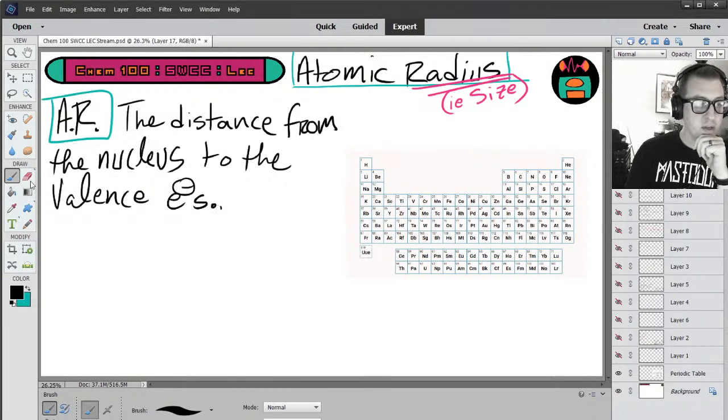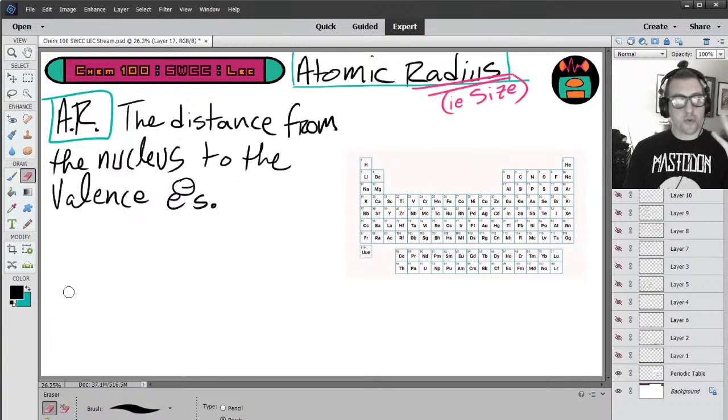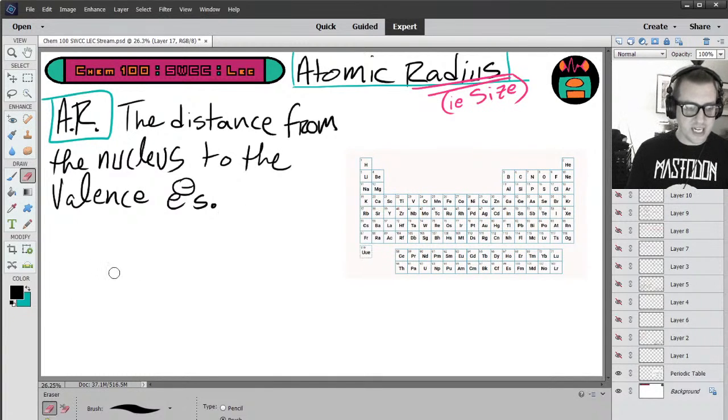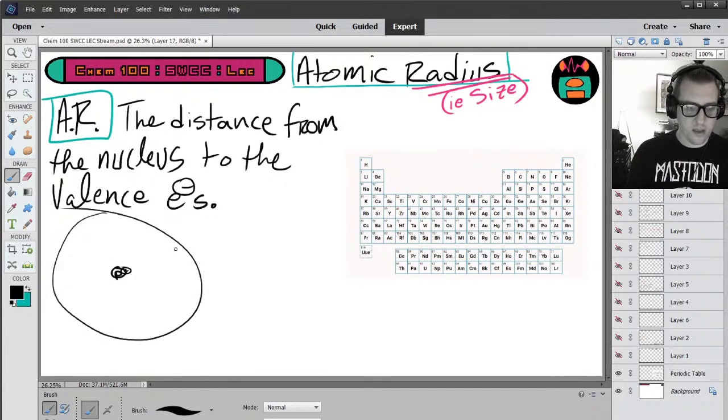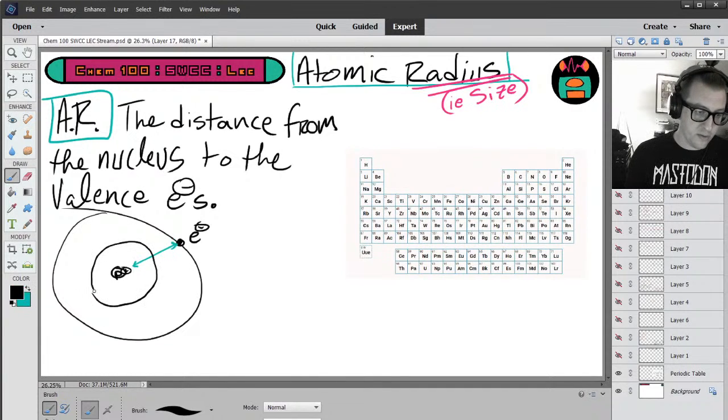There we go. So the way to envision it is you have your proton, you have your electron in orbit, and the atomic radius is that distance, because you may have electrons that are in a smaller orbit, right, on a lower shell.